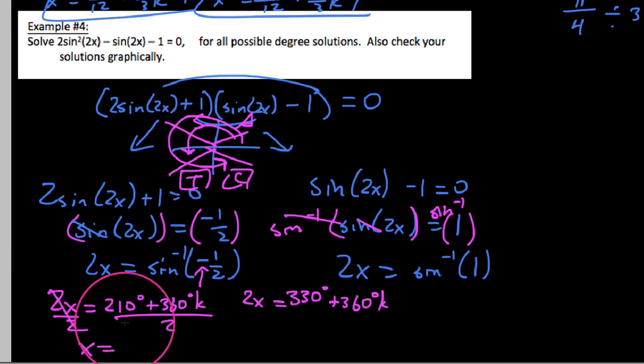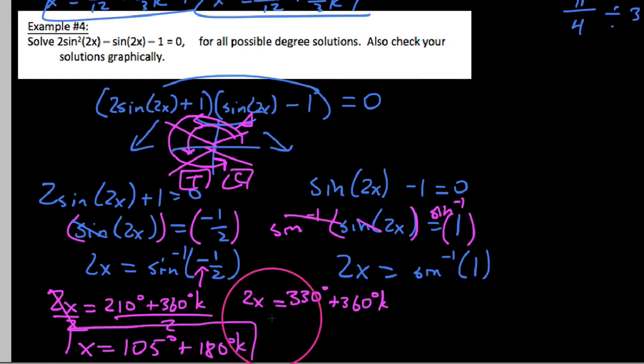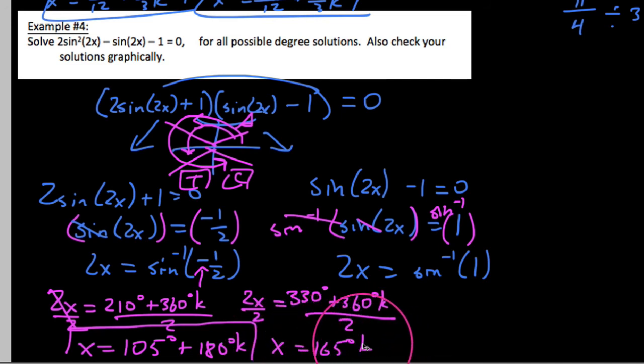We get x equals half of 210 is 105 plus 180 degrees, okay? And then here, if we divided everything by 2, I would get x equals 165 plus 180 degrees.